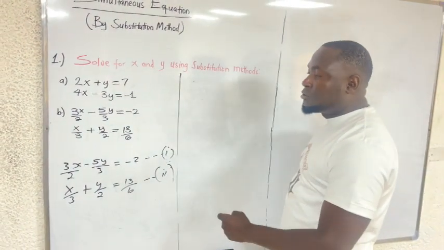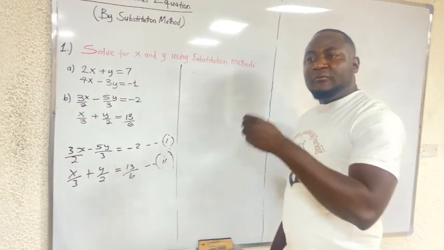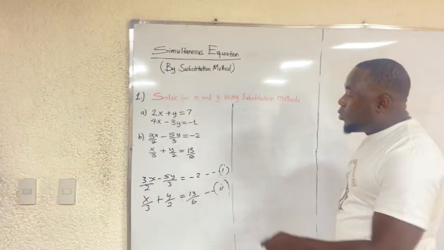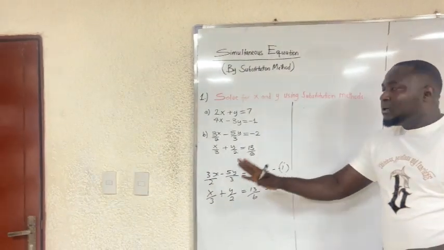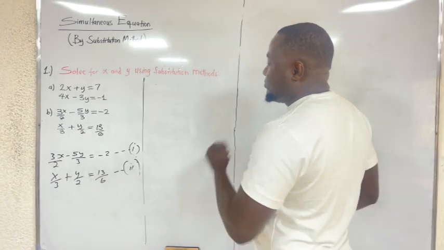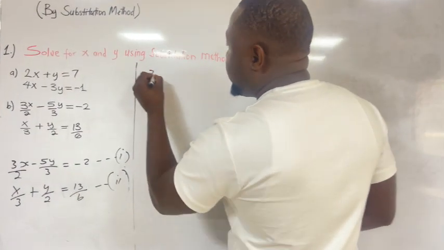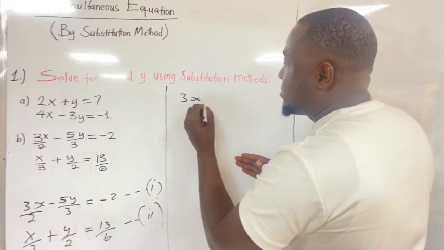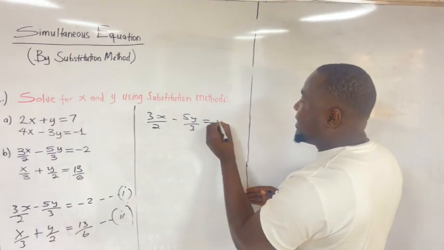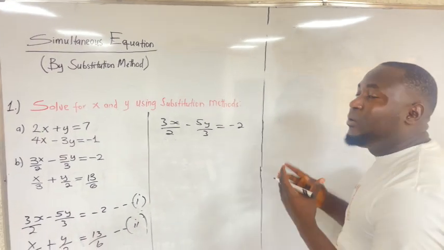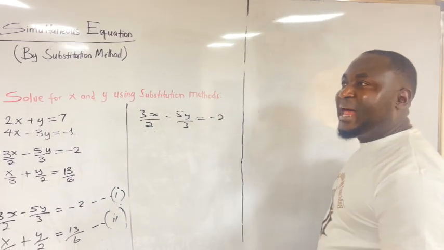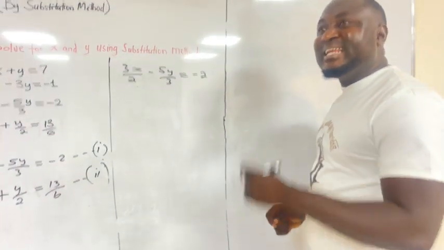But first, these equations contain fractions. Our first target is to get rid of the fractions, or clear the fractions. By doing that, we multiply each of the equations by the least common denominator. Taking 3x over 2 minus 5y over 3 is equal to negative 2, equation 1, to clear the fractions we multiply each of the terms by the least common denominator.